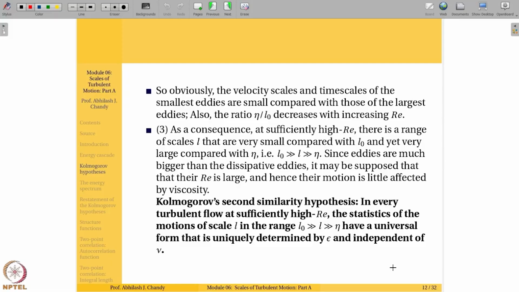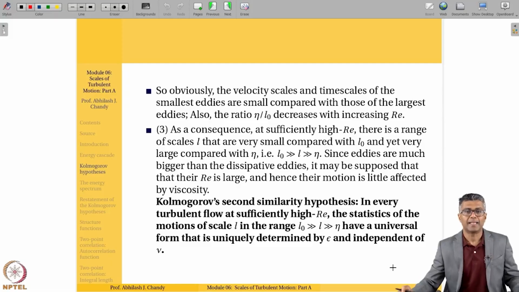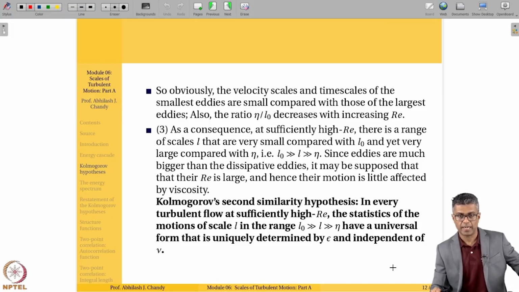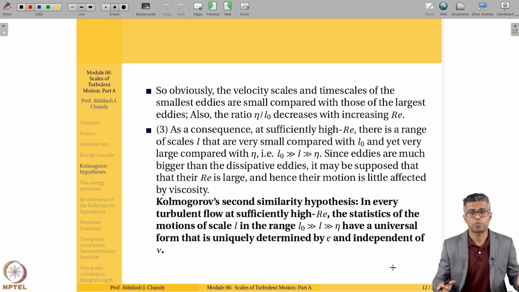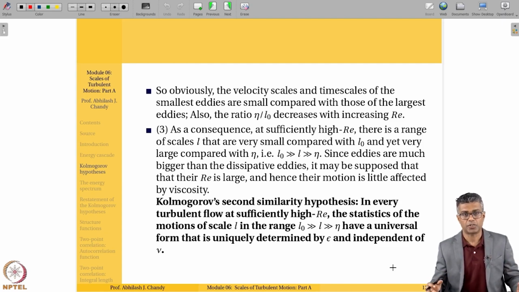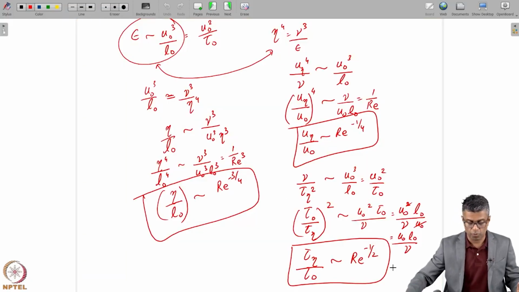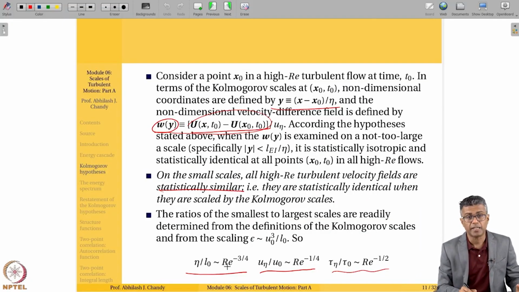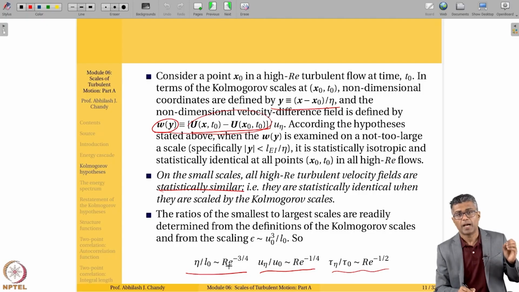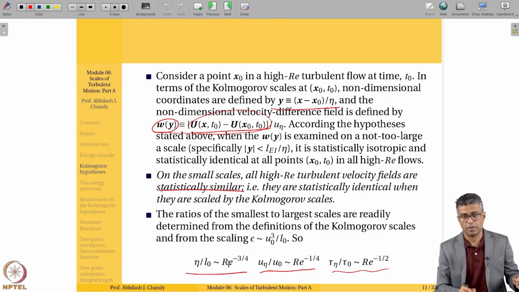So what does this mean? This means that the velocity scales, time scales, and length scales of the smallest eddies are very small compared to the largest eddies. How do I know that? Look at this equation here. It is Re to the minus 3/4. We are considering a turbulent flow with a very high Reynolds number.